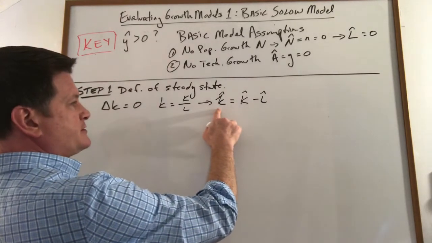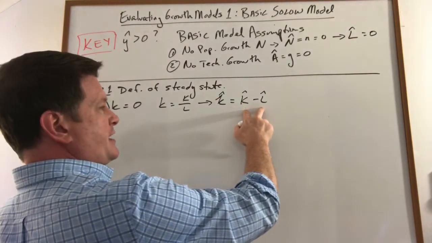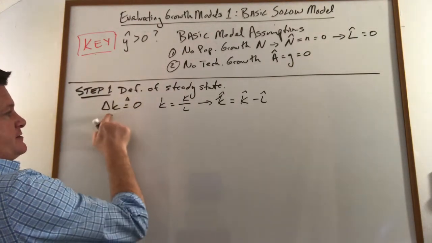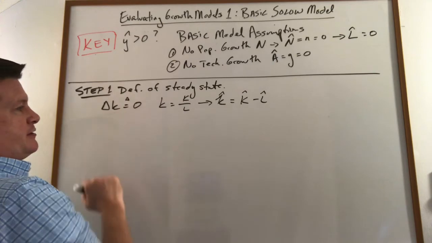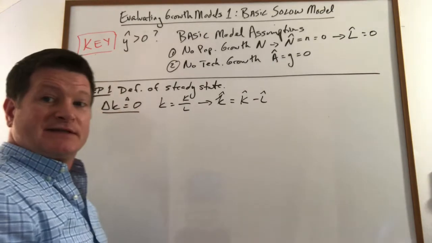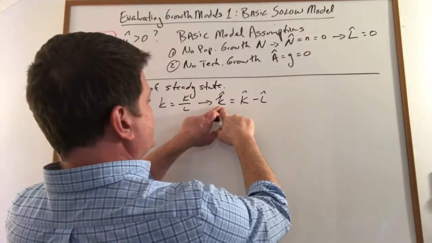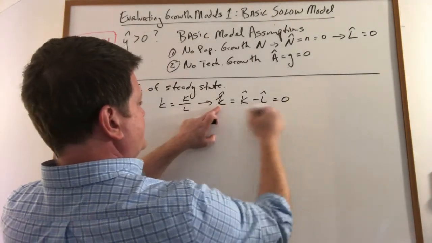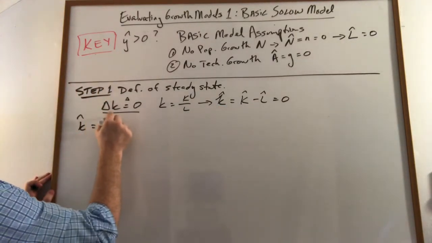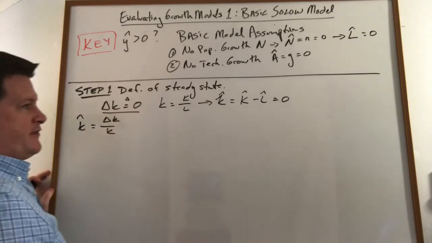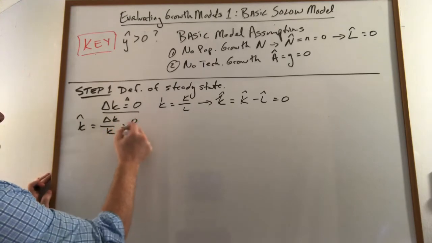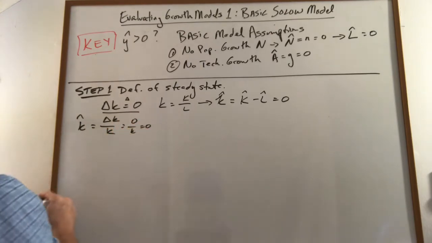Little capital is growing at a rate of big capital minus labor. By assumption, by definition, this is 0 in steady state. So in steady state, this must be 0 too, because this is the growth rate. Don't forget, that's the definition of a growth rate. So if the change piece is 0, the whole thing is 0.